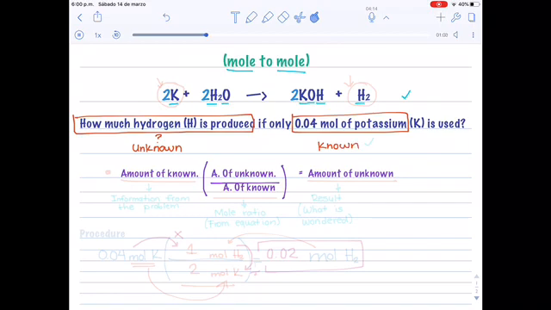Then we're going to use the same pattern for all these types of calculations. This pattern consists of the amount of known, then a fraction, and at the end we're going to have the amount of unknown. The amount of known will be taken from the information in the problem.